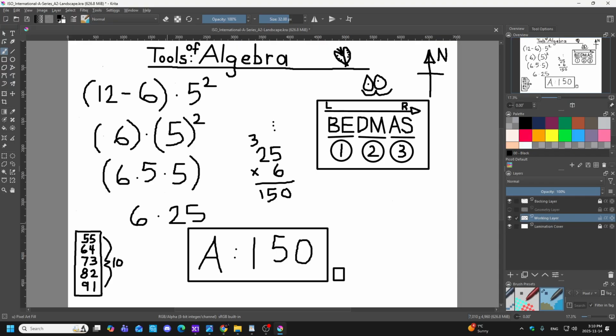Okay. Again, this is just doing stuff inside of a parentheses, quick subtraction. Everything else is multiplication. We should be good.